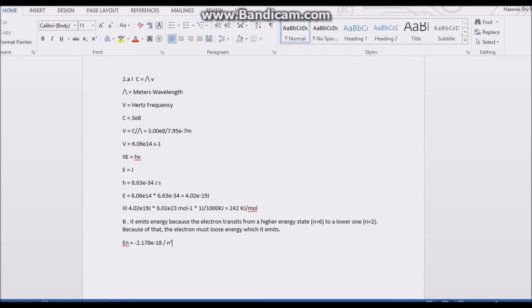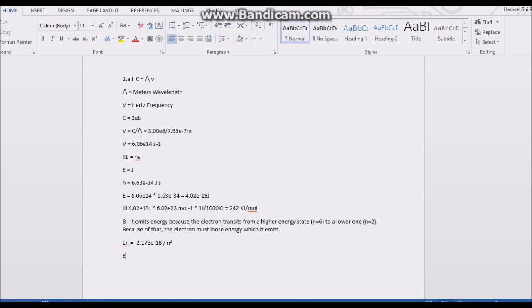All right, so we need to find the energy of the 6th orbital. Then we need to find the one of the 2nd orbital. Then we need to find the energy difference in between, so we could calculate the frequency based on E equals hv, and eventually wavelength based on c equals lambda times nu. Okay, so let's go then, I guess.